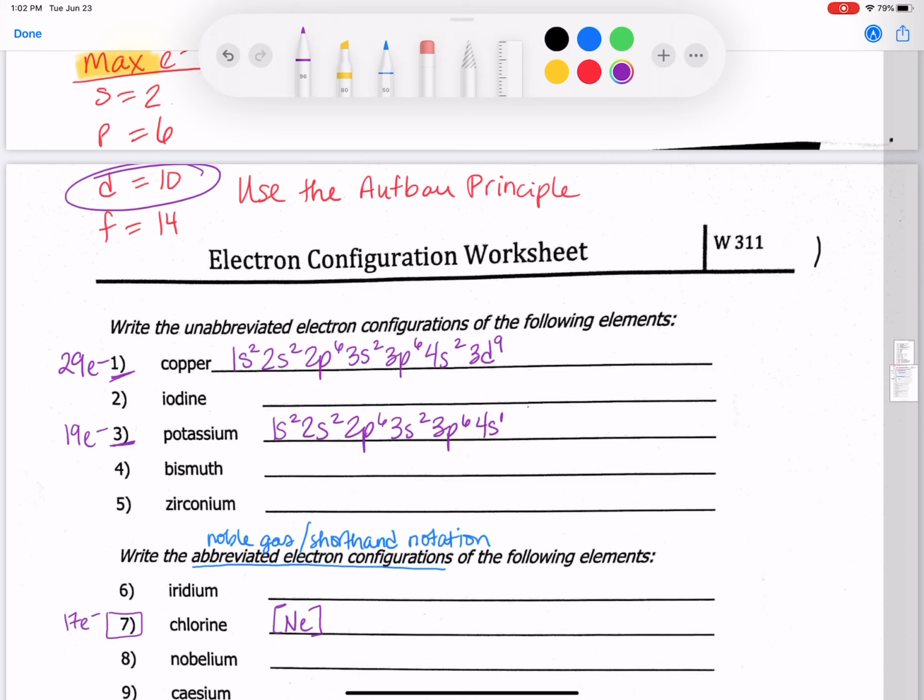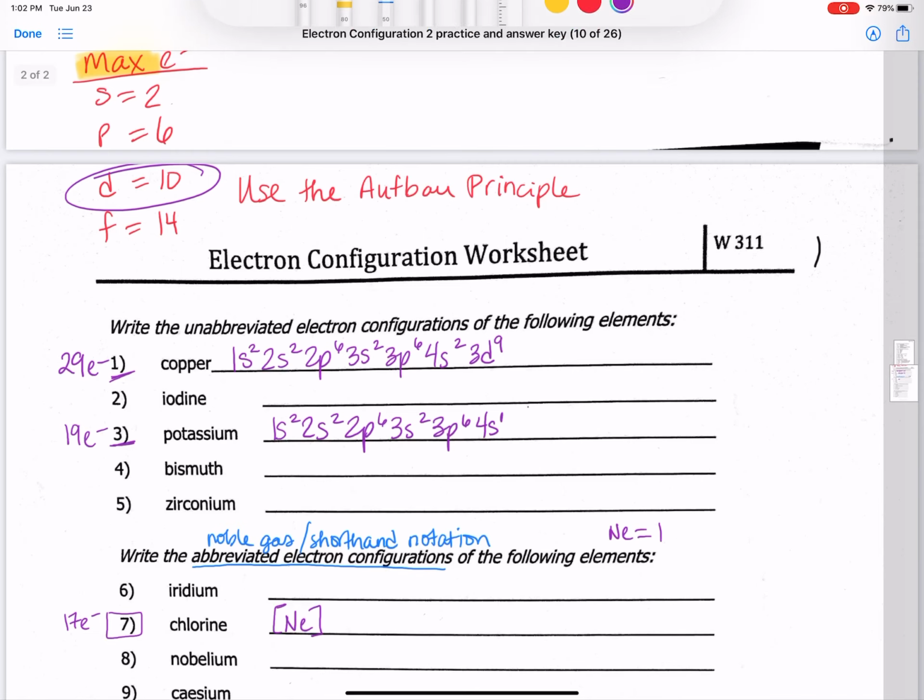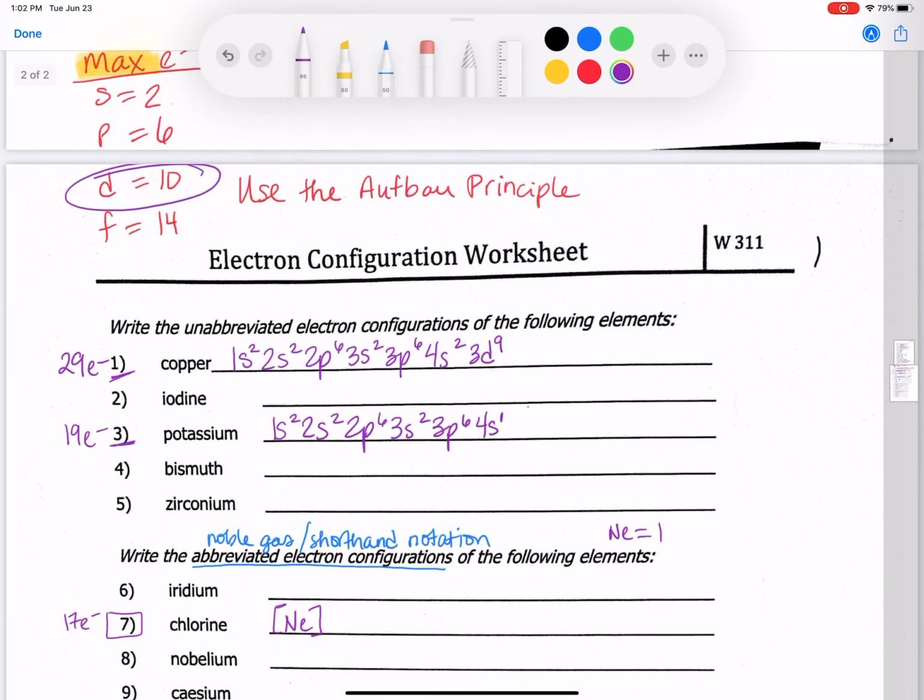So neon holds all of my Aufbau principle electrons. Neon, normally, if I were to write it out, neon would be 1s2, 2s2, 2p6, not 3s2.